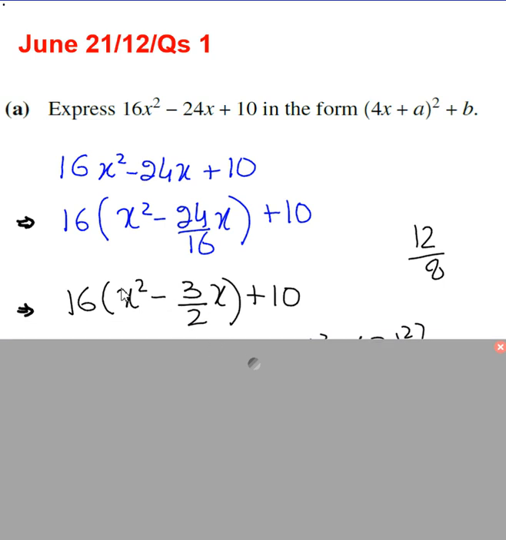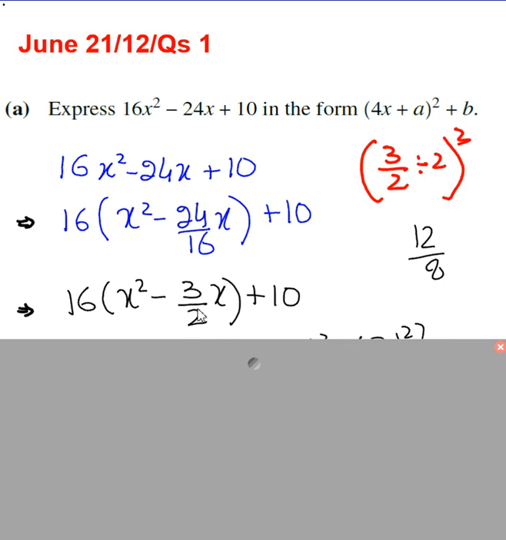Now, if you remember, when we do completing the square form, what do we do? We take the coefficient of x, divided by 2, and square it. This gives us the term we have to add and subtract here to change it into perfect square form.